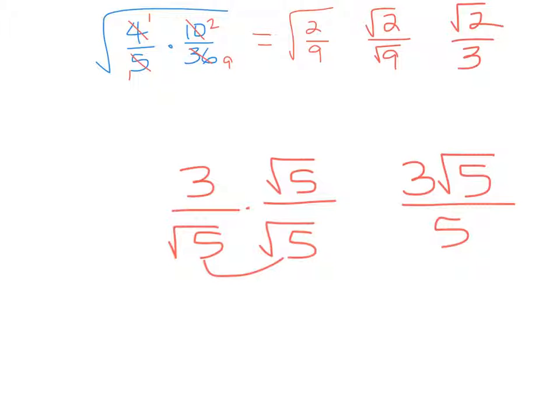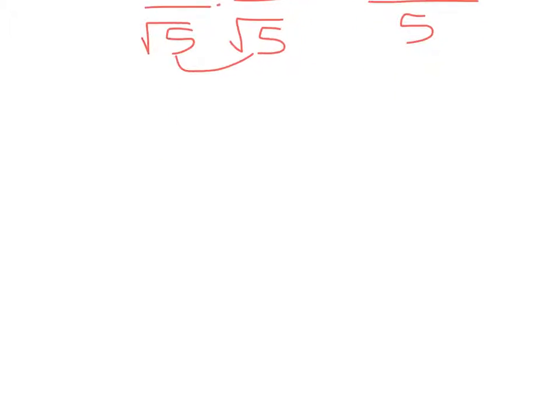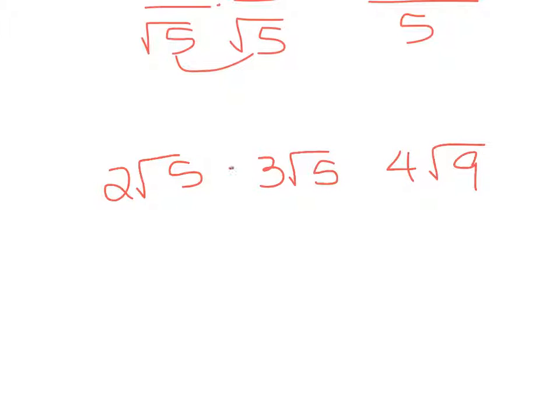Now, you may get 3 radicals that you're going to have to multiply. So for example, and we did this in the beginning of the homework, I believe question number 4 had 3 radicals. So for example, if you have 2 square root 5, 3 square root 5, 4 square root 9, and I ask you to multiply all 3 of those. Again, remember, you're multiplying outsides together. So I would be multiplying 2 times 3 times 4.